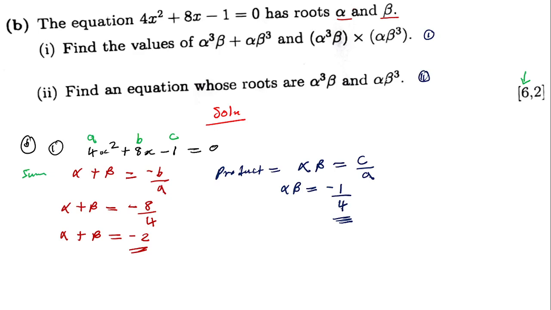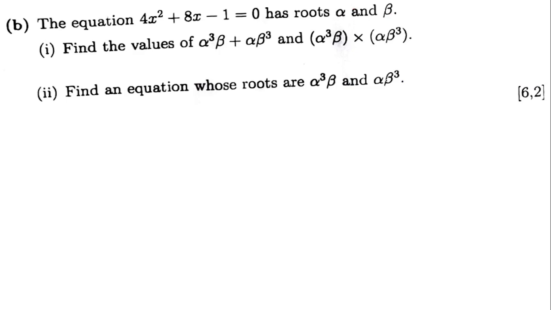Let's quickly go to the question. So I'll write solution. So remember, alpha plus beta we have found to be negative 2. And we know the product alpha beta we have found to be negative 1 over 4.